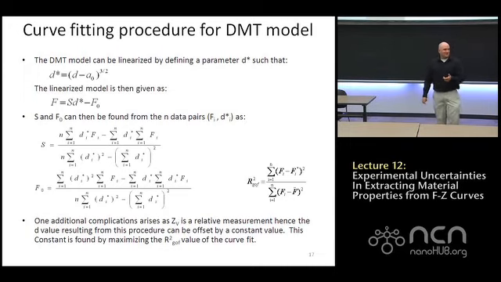Negative D is... Yeah, this is an issue. D is gap, and so when it's negative, it means we're in there. A lot of the contact mechanics models are this way. I think DMT, since it was developed more from a van der Waals point of view, is the other way. I guess we should have talked about this beforehand. I could have switched that. But in this case, D is positive towards the sample.